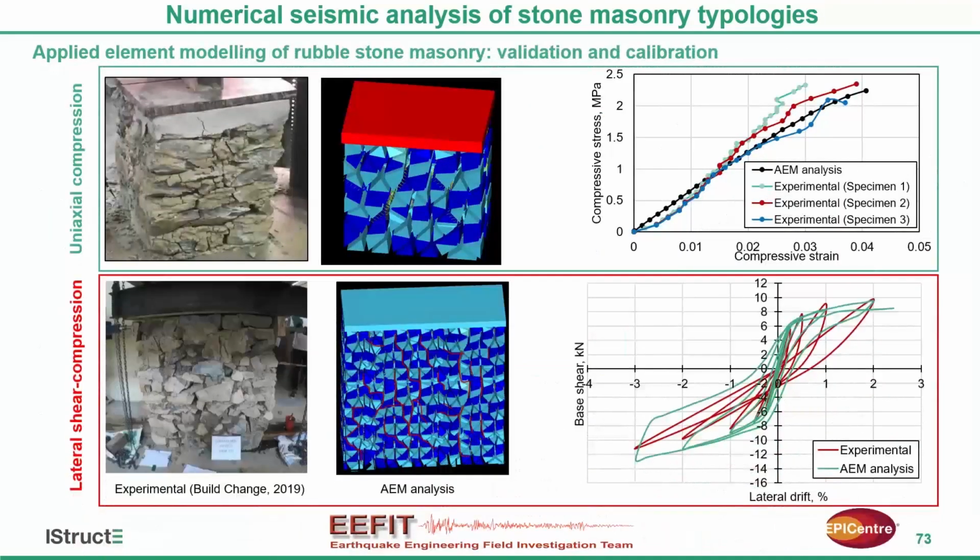Now, before applying the tool at the building level, we have reproduced several experimental test results, I'm showing only 2 here, using the numerical analysis to validate and calibrate our numerical modeling tool. And as you can see, both the crack pattern as well as the load deformation behavior from the numerical analysis match well with the experimental results.